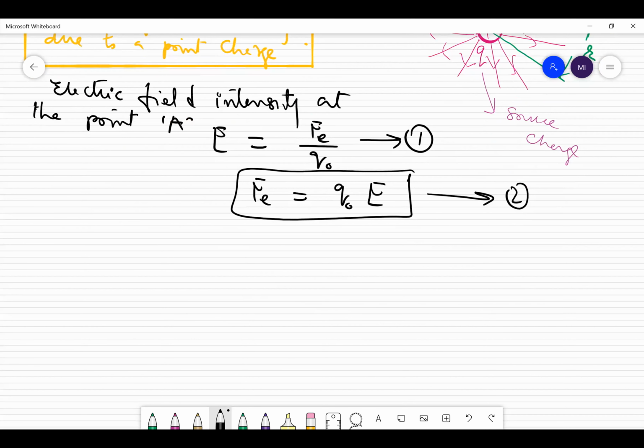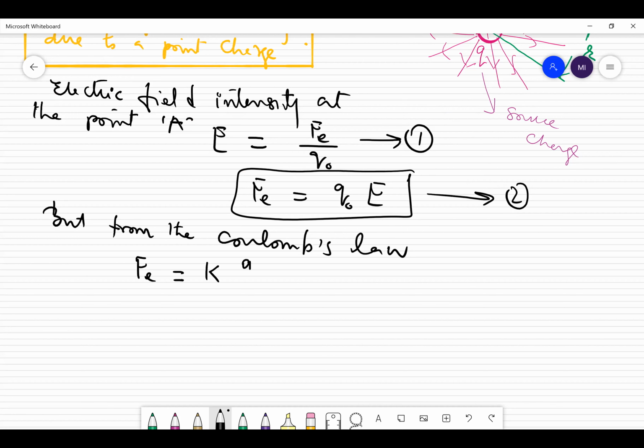But from Coulomb's law, the electrostatic force is equal to K Q1, the source charge, Q2, the test charge, divided by R square.